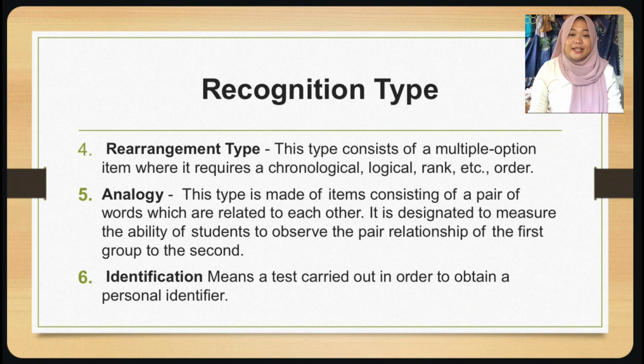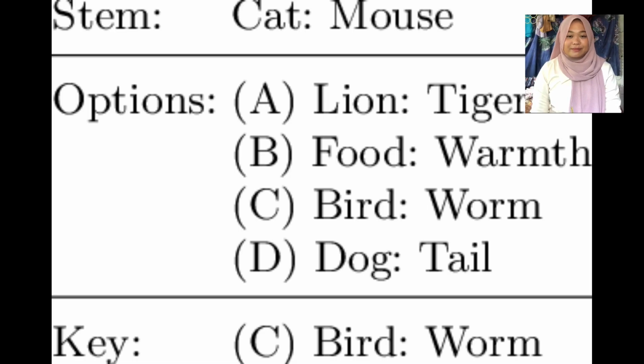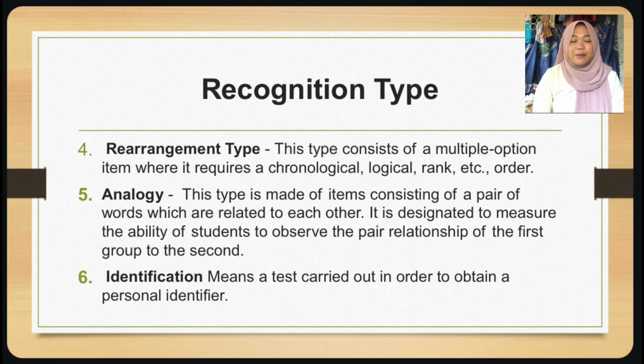Analogy assessment assesses the individual's ability to recognize patterns, similarities, and logical connections. This type of assessment is often used to test verbal reasoning and cognitive abilities. So here's an example.